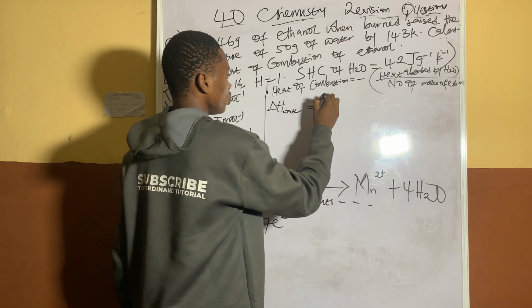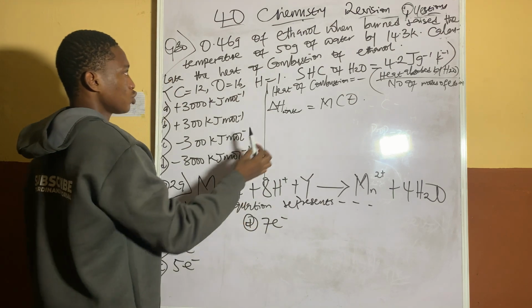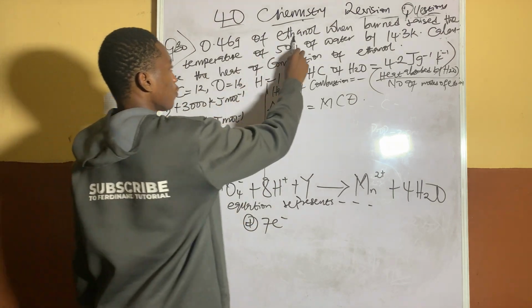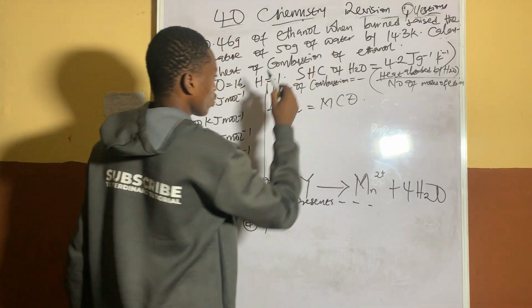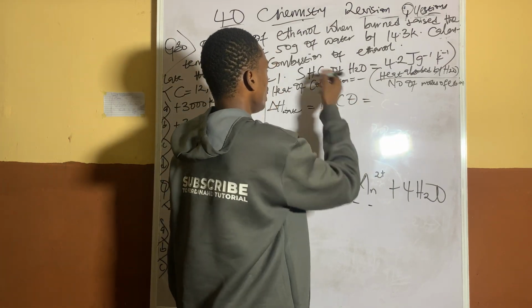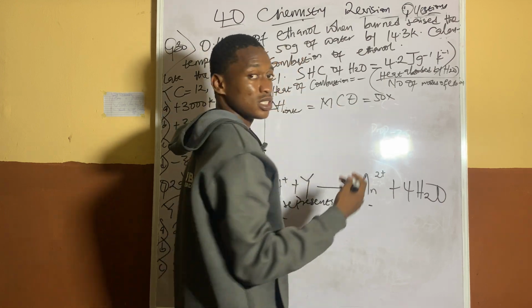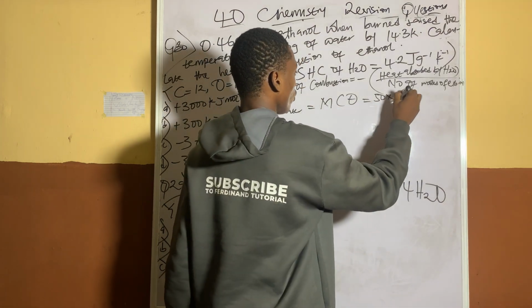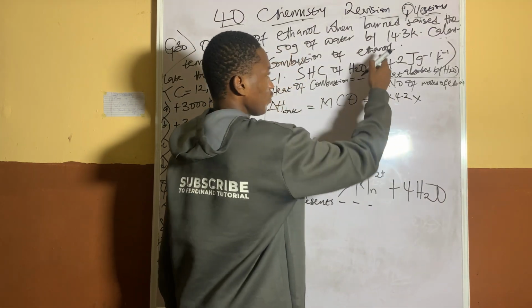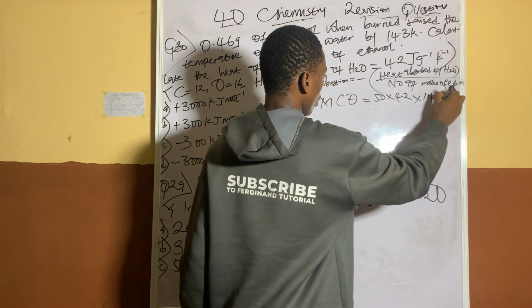We use mcθ. Remember, we're talking about H2O, water. So we look at 0.46 grams. This is the mass of ethanol. This is the mass of water, so we are going to use the mass of water. Anywhere we see m, we put 50 grams. Anywhere we see c, specific heat capacity, we put 4.2. And temperature change is 14.3.